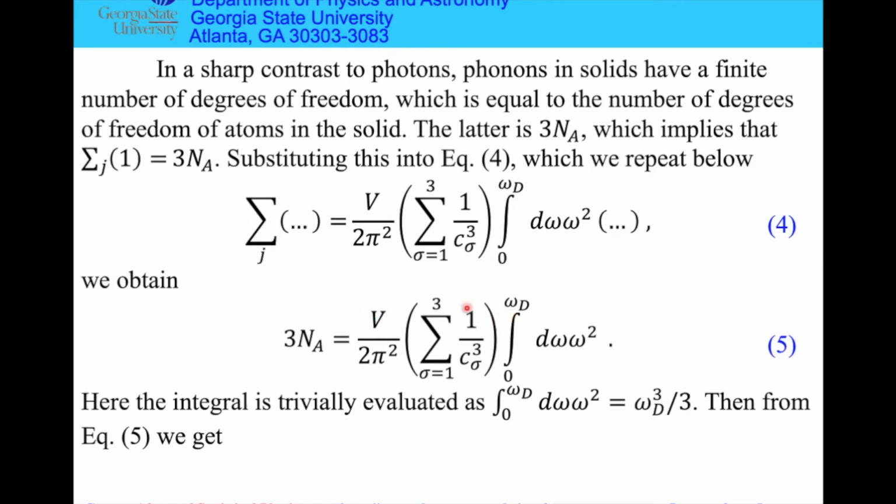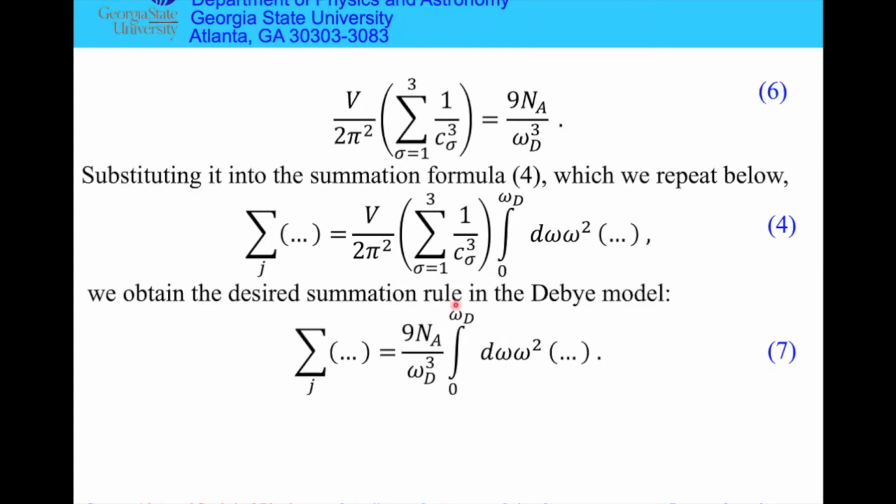And from this I can find this coefficient, equating the right hand side to the left hand side. So this is this coefficient. So the 9 was from 3Na and omega cubed D over 3. So the 3 goes to the numerator, giving me 9. So this is this coefficient.